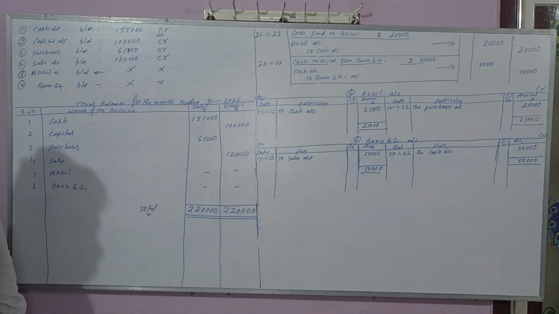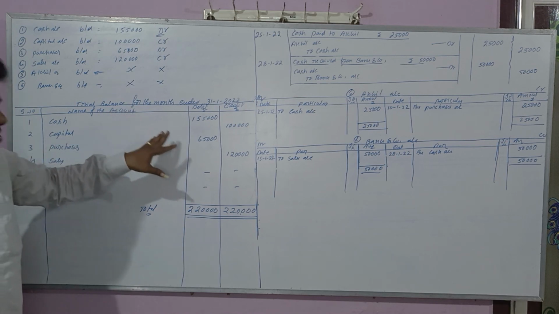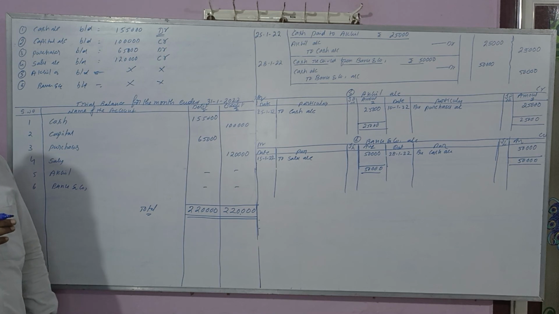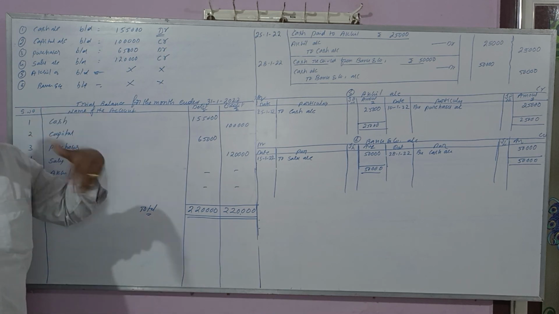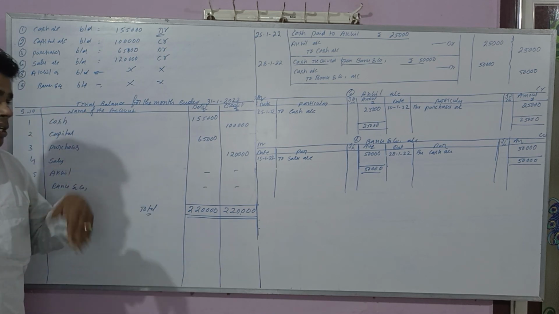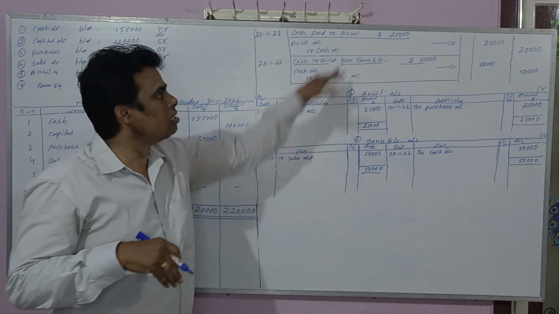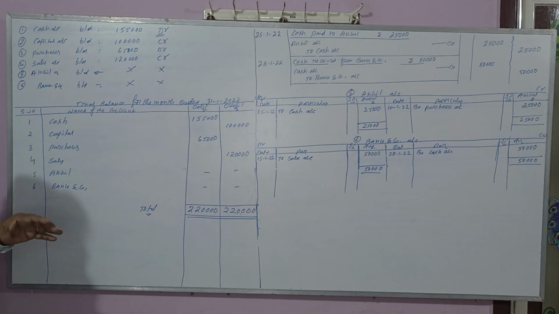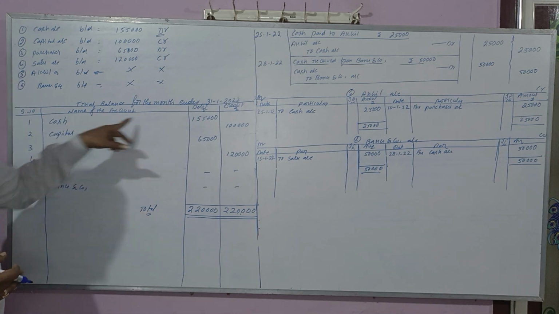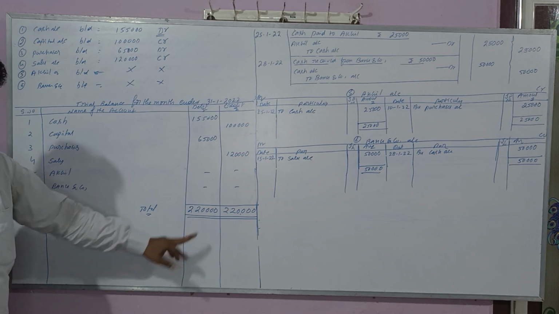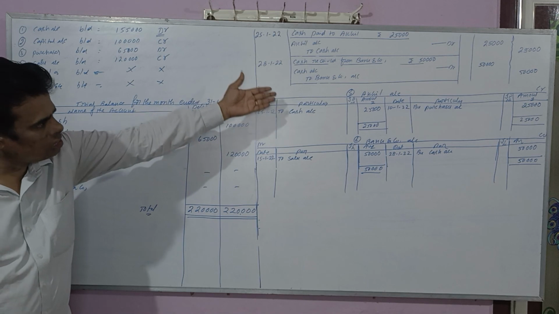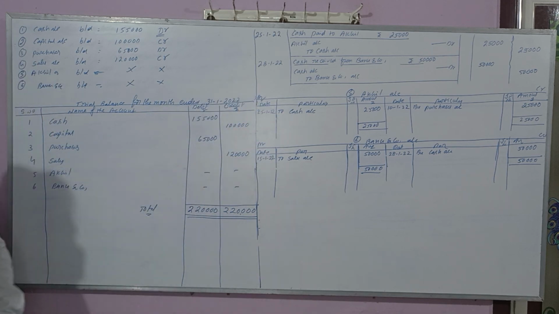Once again I repeat, if the trial balance is not agreed, it is not tallied, and any errors or mistakes committed at the time of preparation of ledgers or journal entries should be identified. In the problem discussed by me, the trial balance is tallied, so we identify that no mistakes were committed in the journal entries or the preparation of ledgers.